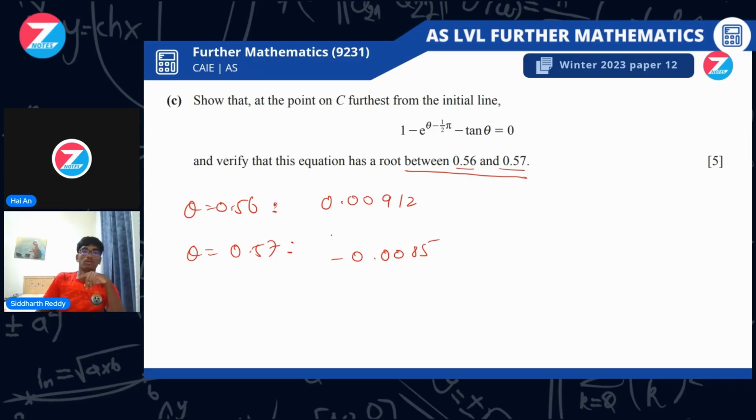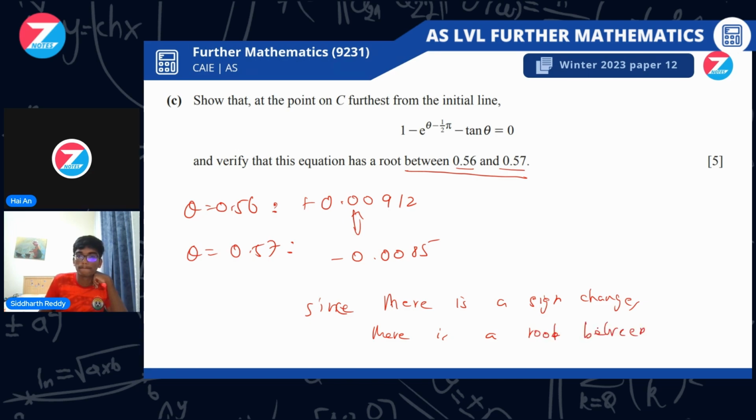Okay, so since there is a sign change, you see the plus over here and minus, there is a root between 0.56 and 0.57. That's all.